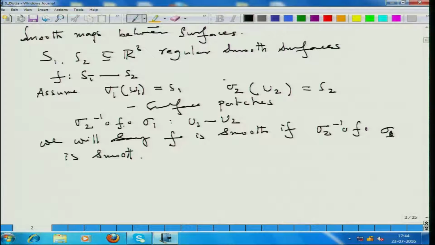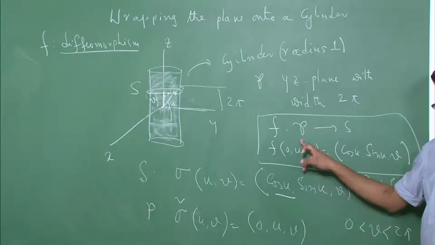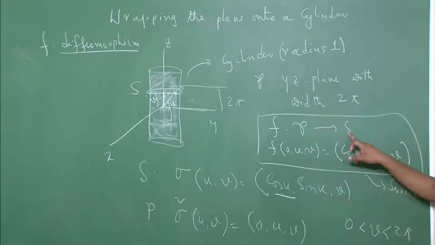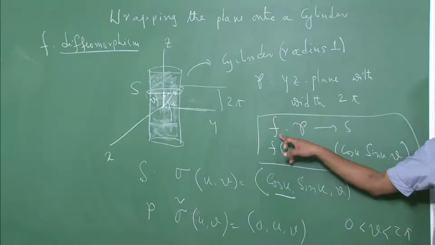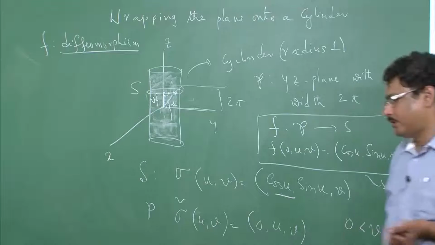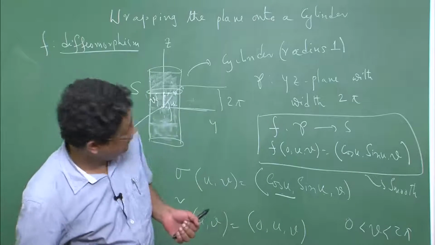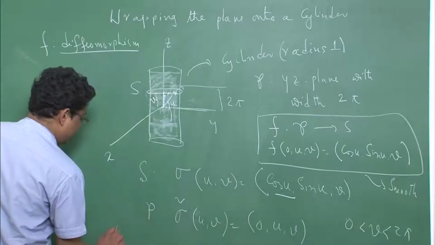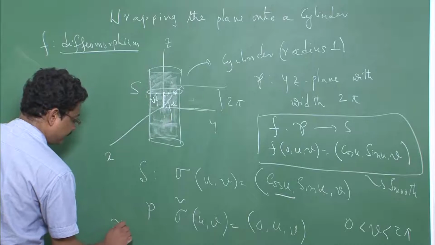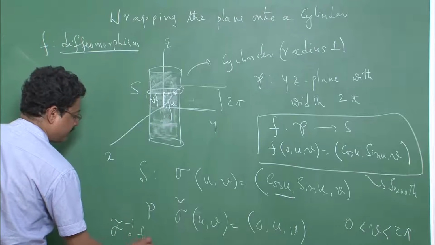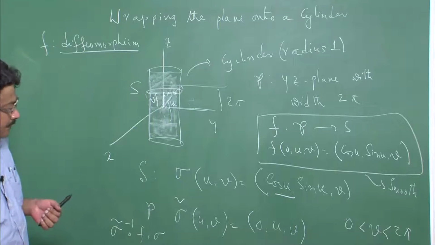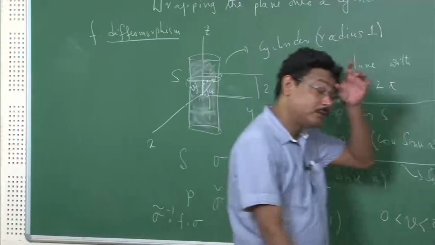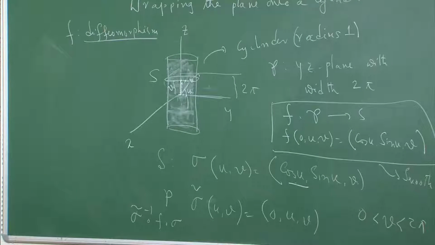For example, here I have the plane P, and my other surface S2 is the surface of the cylinder. This F is smooth provided sigma tilde inverse compose F compose sigma is smooth, but here it is the trivial map F itself. So, this is an example of a smooth map.